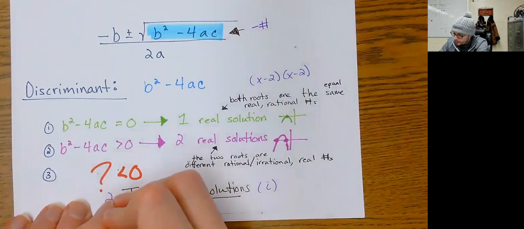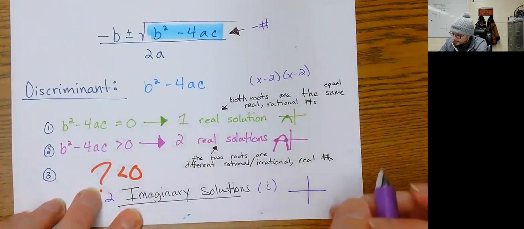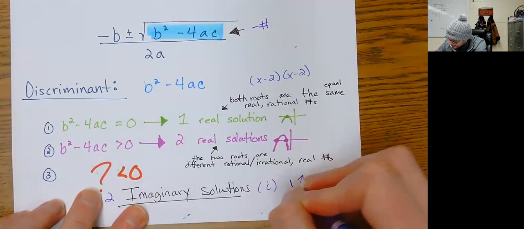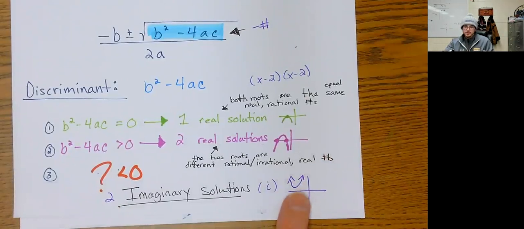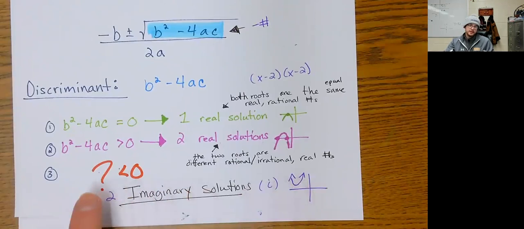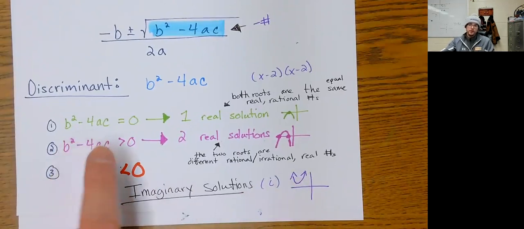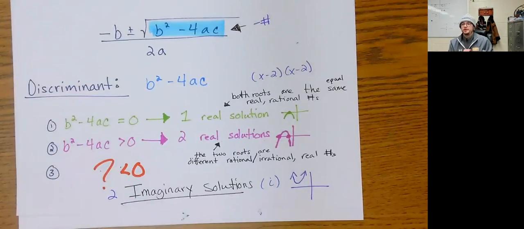On the graph, if the parabola of the quadratic does not cross at all, you can't see the solutions. It means they're imaginary. We'll talk about how to solve that later. Just know that if you do the math and get a negative, you have 2 imaginary solutions.